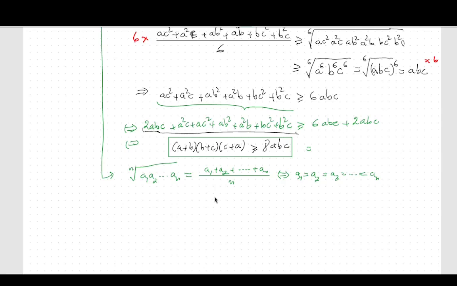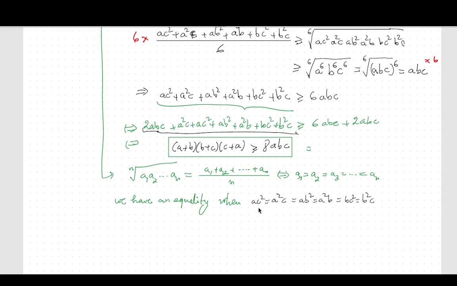So we have the equality when the 6 numbers are equal. That means ac squared equals a squared c equals ab squared equals a squared b equals bc squared equals b squared c.